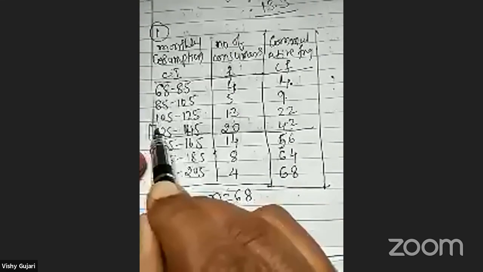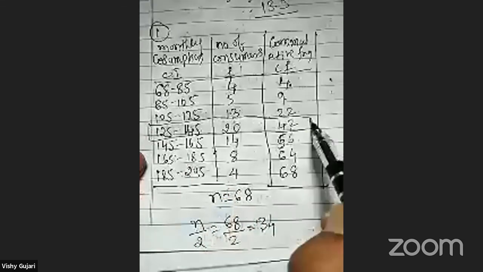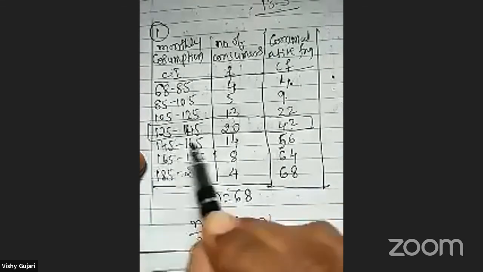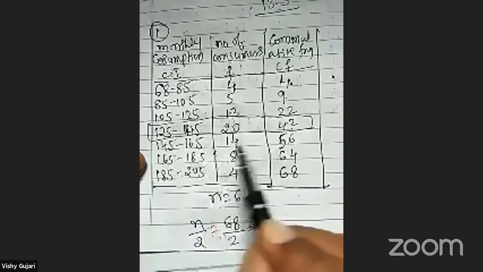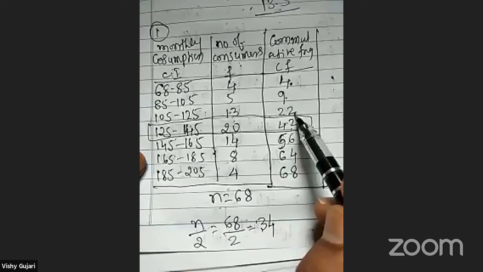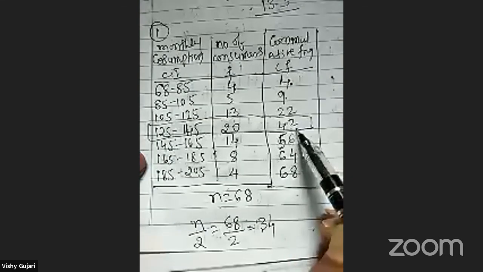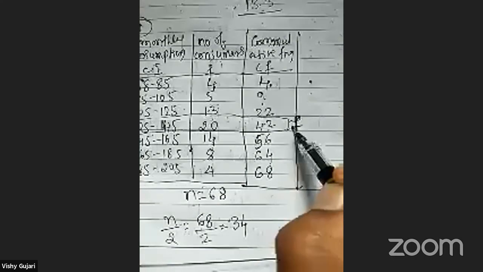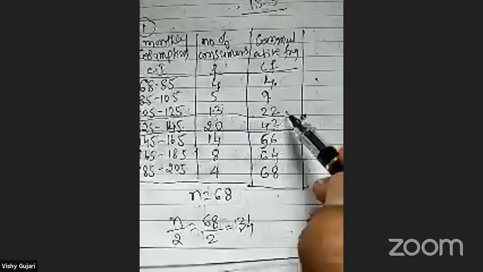After 22 you go to 42, so 34 will come within this class. So you have to select this class interval. This will become F, and the cumulative frequency above this will become CF.